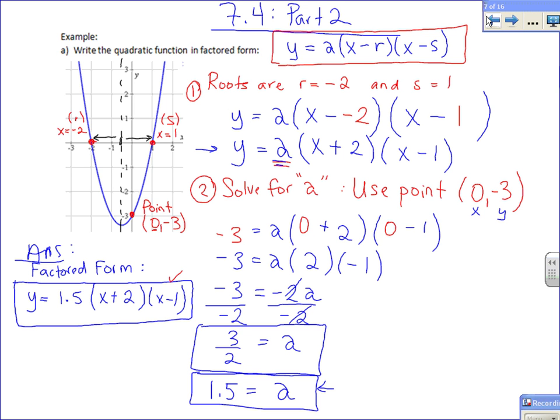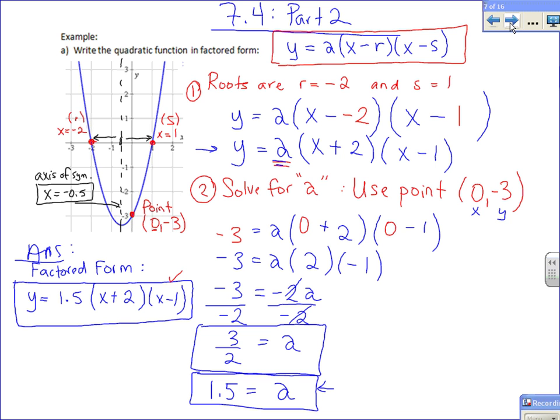So going back for a second, I eyeballed it. I said it looked like it was around -1/2 or -0.5, and I am correct. So I can label it right now. There's my axis of symmetry. This is x is equal to -0.5. Perfect.